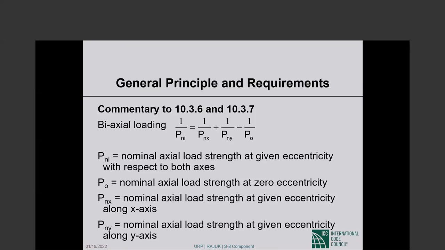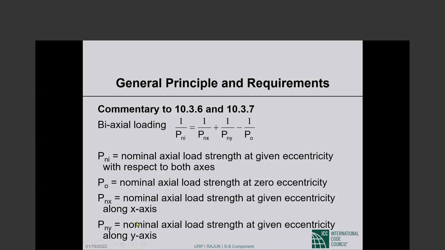So this is an expression that is given in the commentary. P sub nx, let us start there, this thing. P sub nx, nominal axial load strength at given eccentricity along x-axis. If you have eccentricity of the axial load only about the x-axis, the nominal strength of the column is P sub nx.